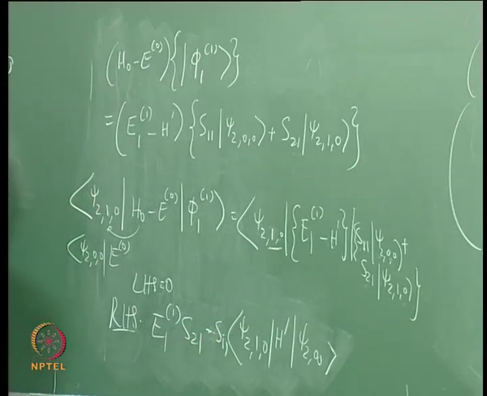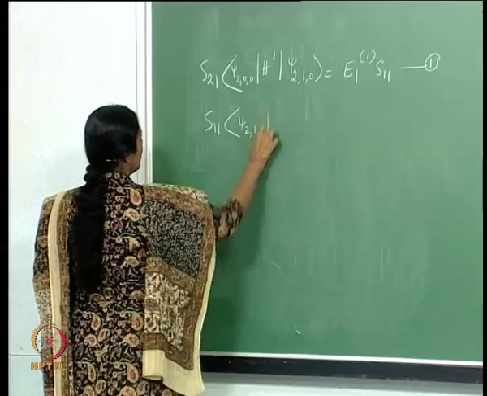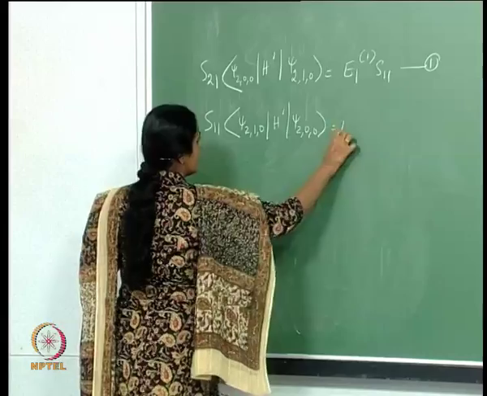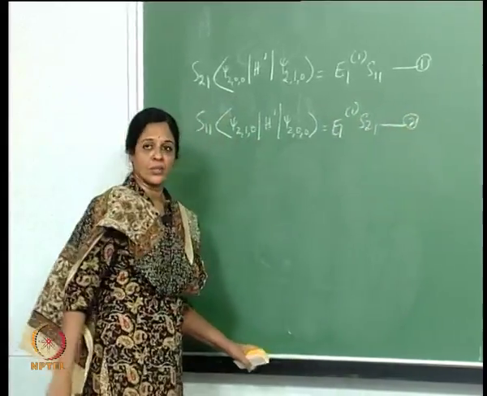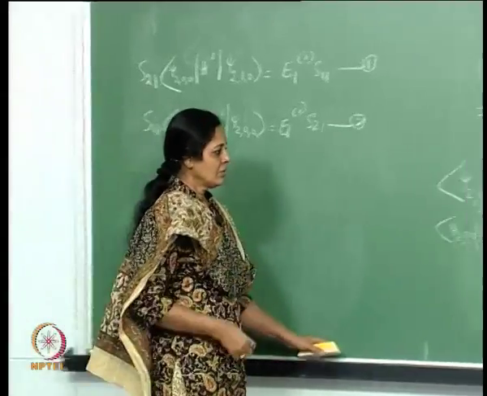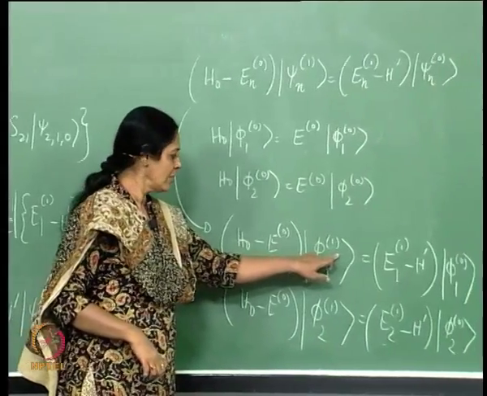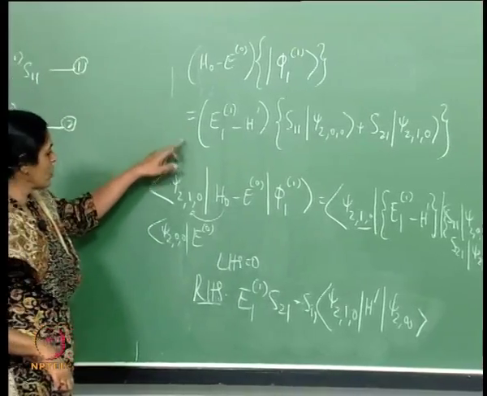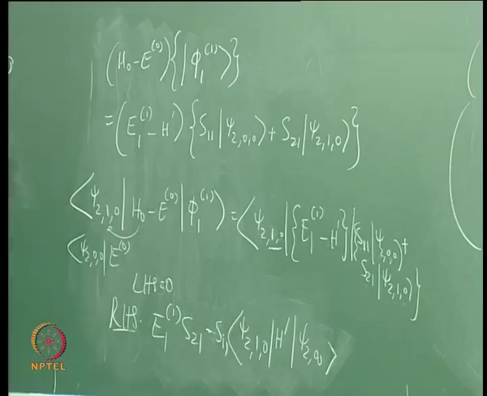This is the right hand side, which tells me that S11 psi 210 H prime psi 200 is E11 S21. That is my second equation. To remind you, I started with this equation and I flanked it with bra psi 200 first and got this equation, then with bra psi 210 and got this equation.